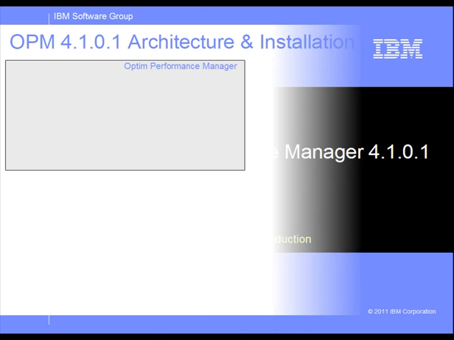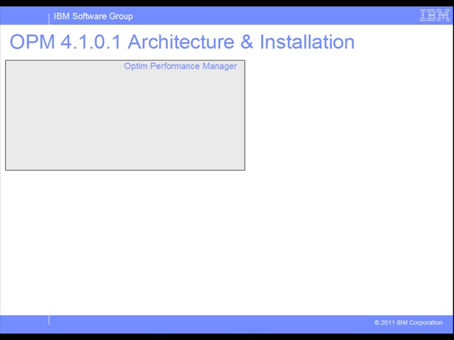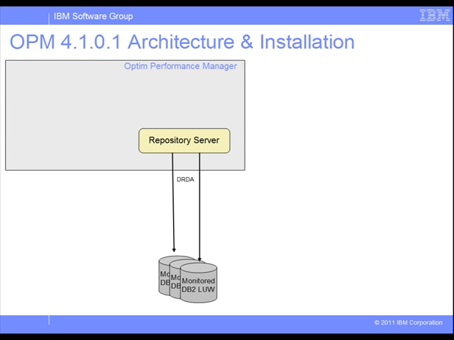Before getting into the install process, let's quickly review the architecture of Optim Performance Manager. Key components of Optim Performance Manager include the repository server, which establishes connections to monitor DB2 databases and mainly uses database snapshot commands and DB2 event monitors to collect database performance data.